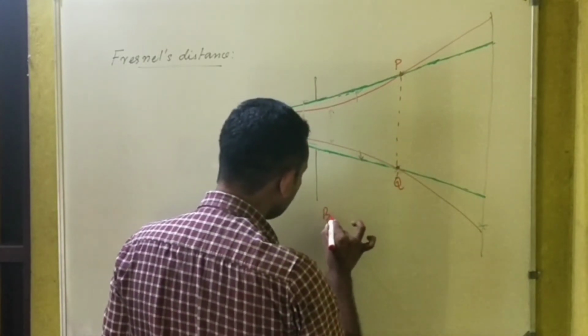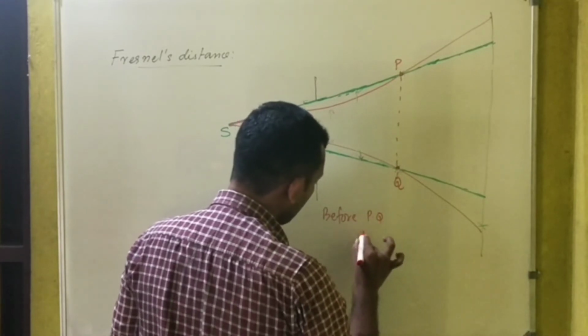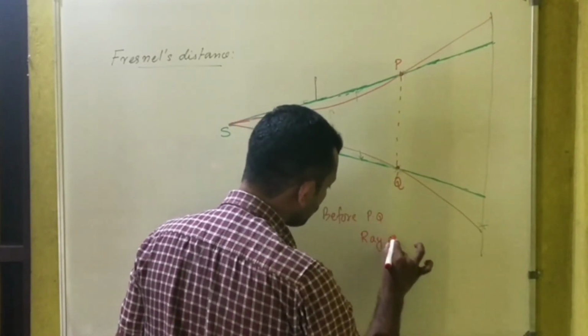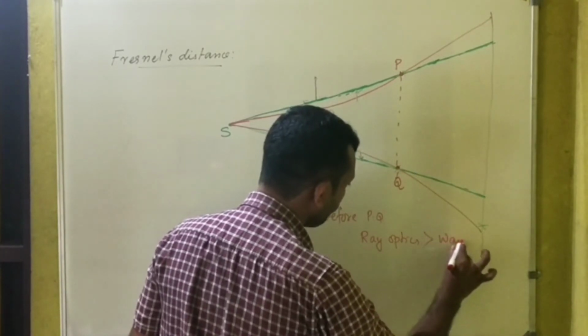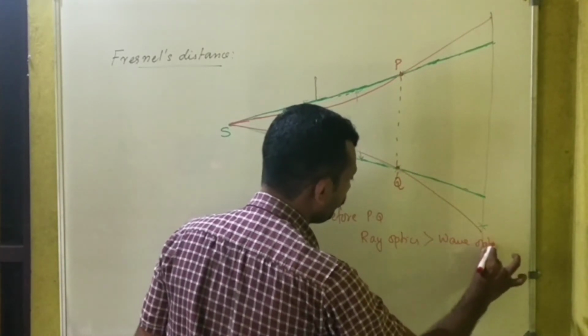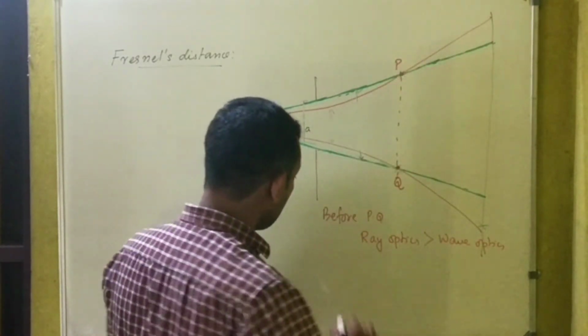Before PQ, the spreading due to ray optics is greater than the spreading due to wave optics. That is, geometrical optics dominate over wave optics.